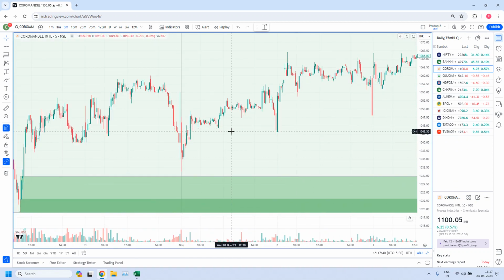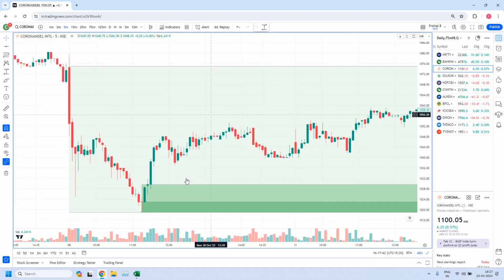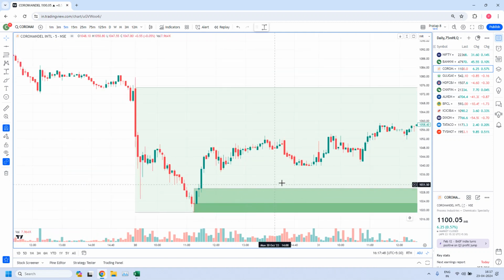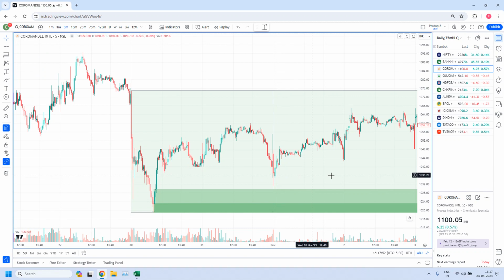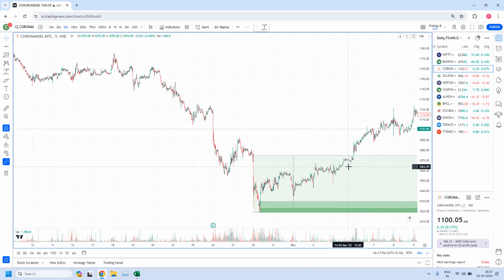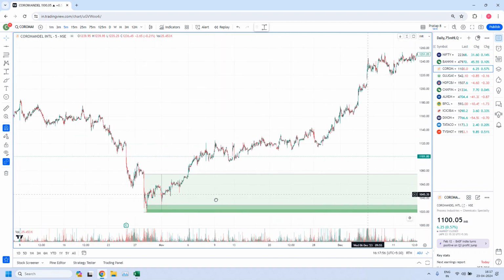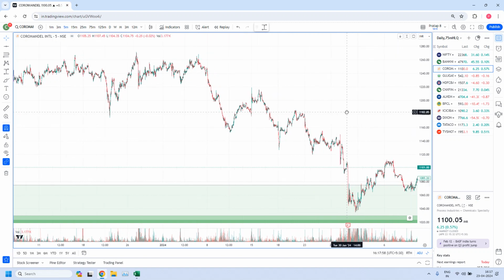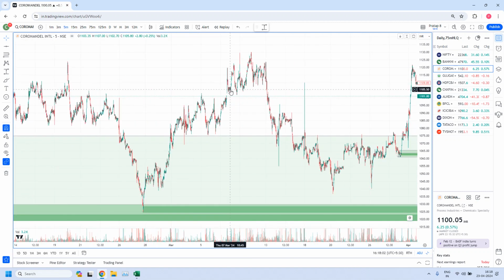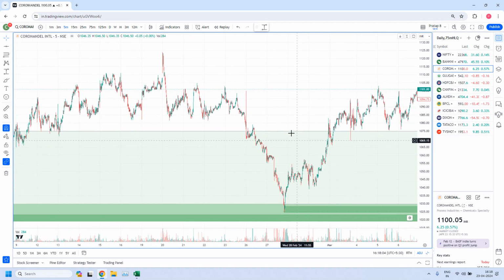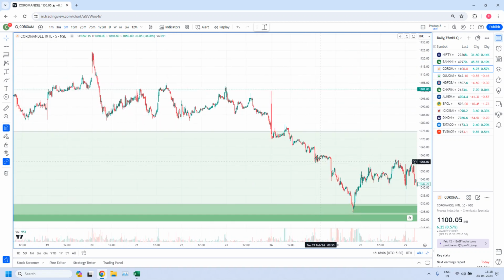See here, we have a drop, base, rally. And here also, again a newly created 5-minute zone.